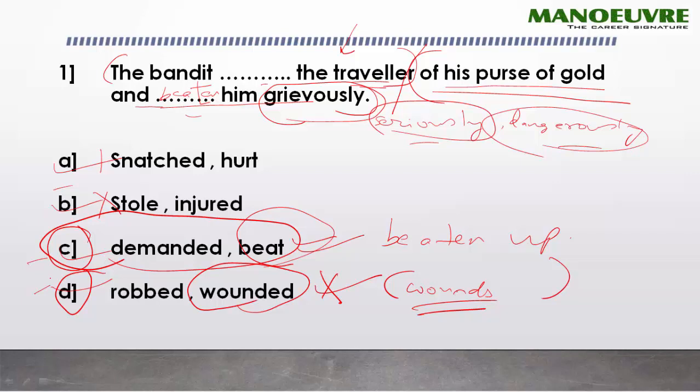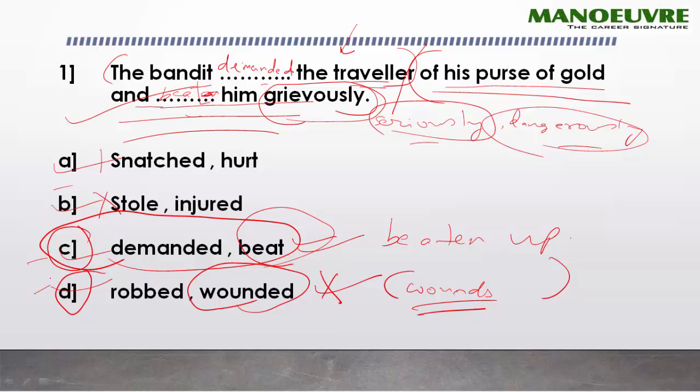The bandit demanded the traveler of his purse of gold and beat him grievously. Beat him grievously, right? So this is the way where we can choose the best option for ourselves and then make the sentence quite meaningful and understandable, correct in its own position, in its own way.